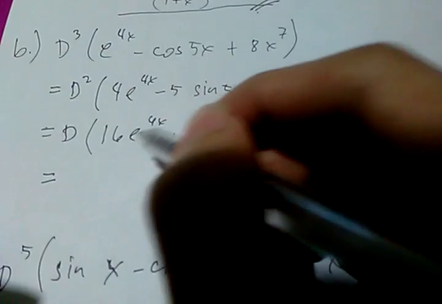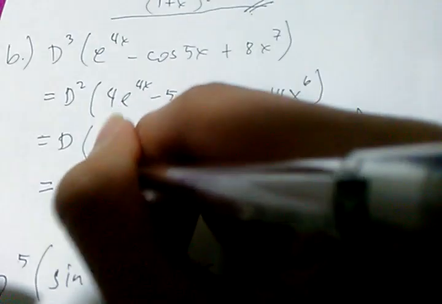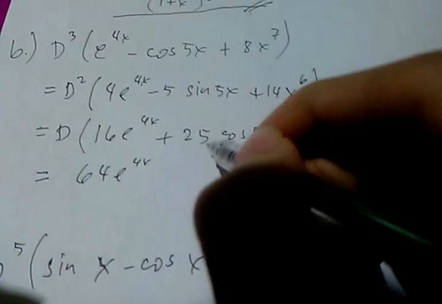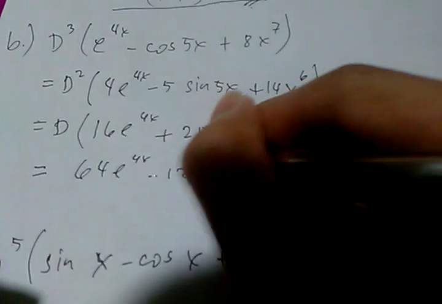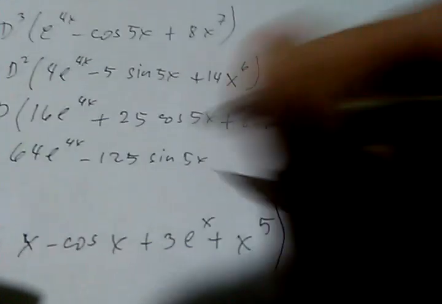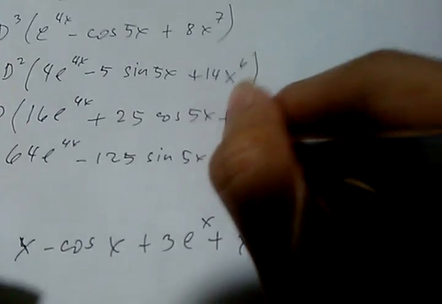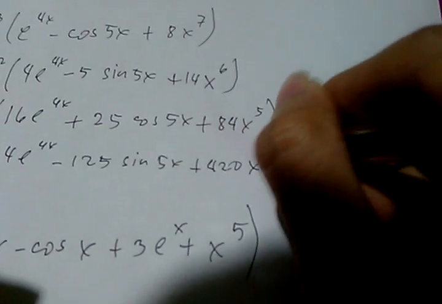The derivative of 16e raised to 4x equals 64e raised to 4x. Then 25 cosine 5x gives negative 125 sine of 5x. Then 84x raised to 5 gives positive 420x raised to 4.